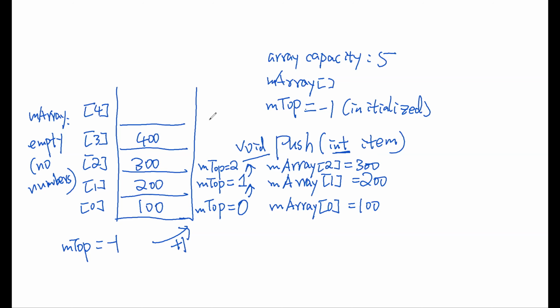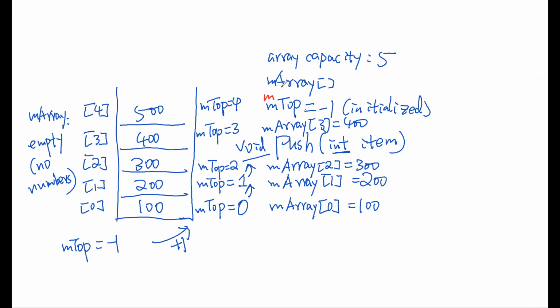And then 400. Then top is updated to 3, and your array sub 3 is going to be 400. And then you can add 500. Then M top is going to be updated to 4. And let me change the color.